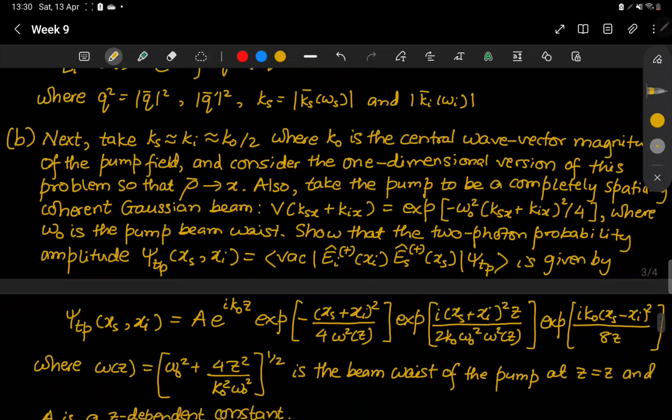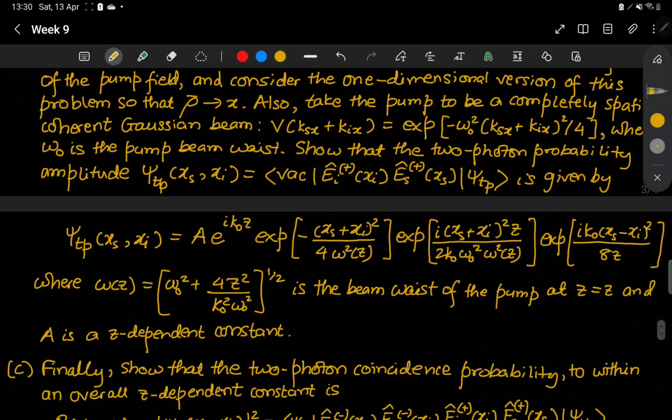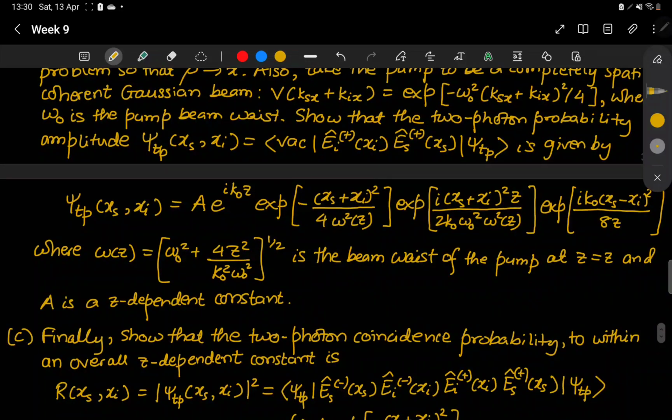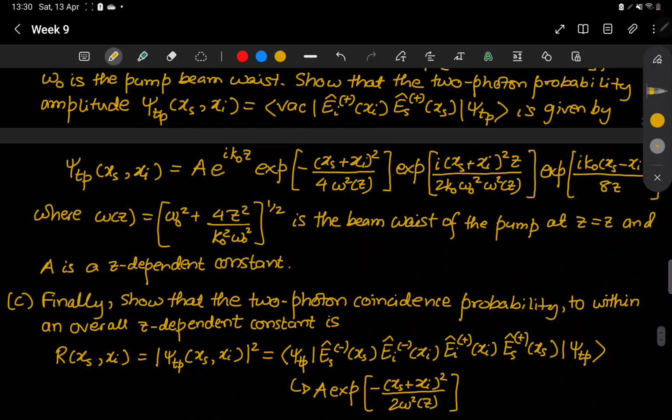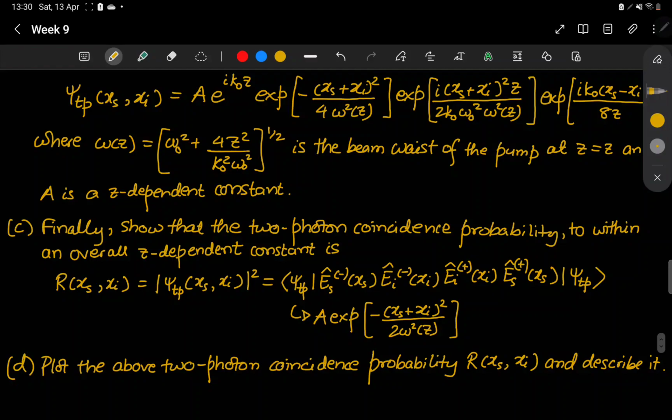Show that the two-photon probability amplitude psi Tp is given by the following expression. It has 3 exponentials, where omega z is the beam waist of the pump at a given z location, and A is a Z dependent constant.